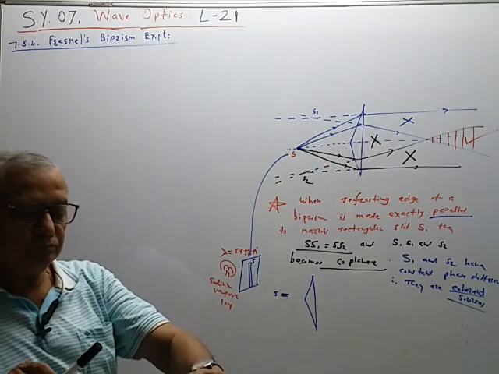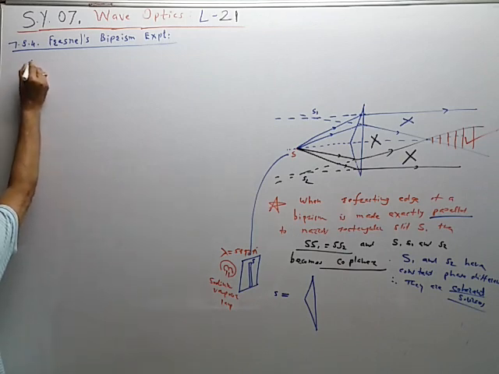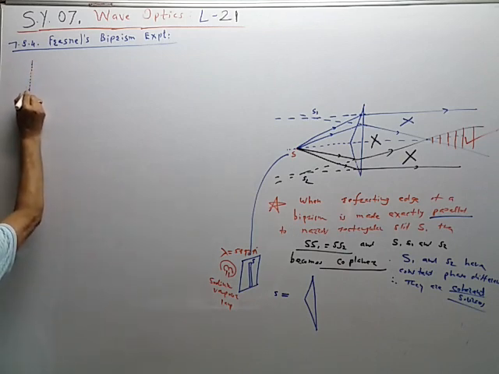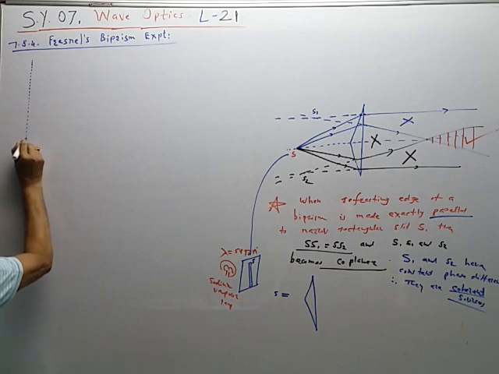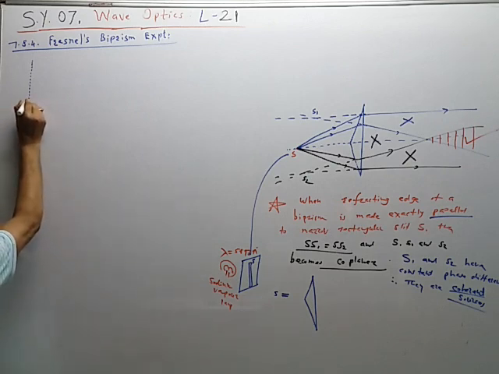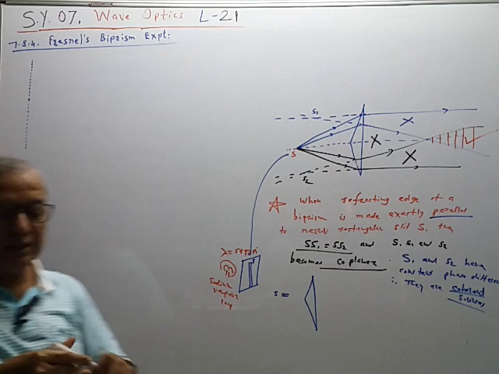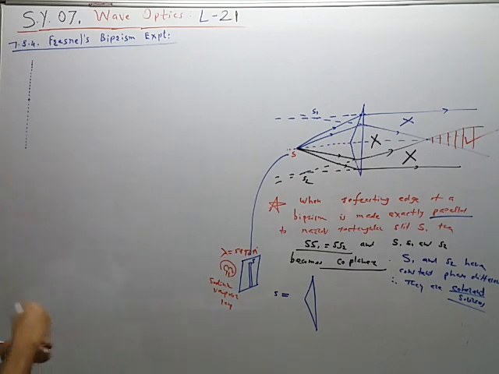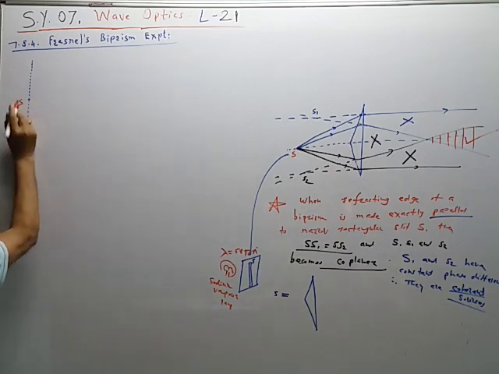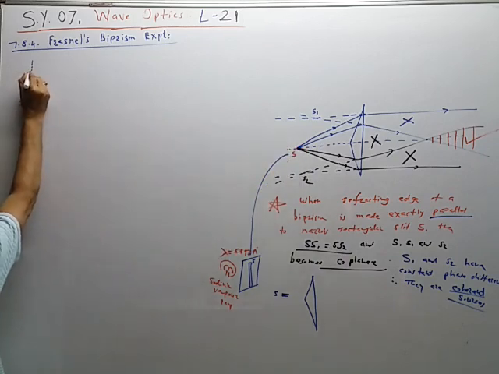Suppose this is the line on our paper, the marginal line shown in red color. On this line we give the slit S. Now this is one line, this is two lines.